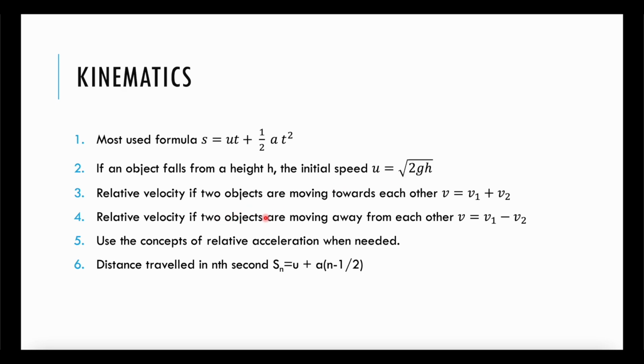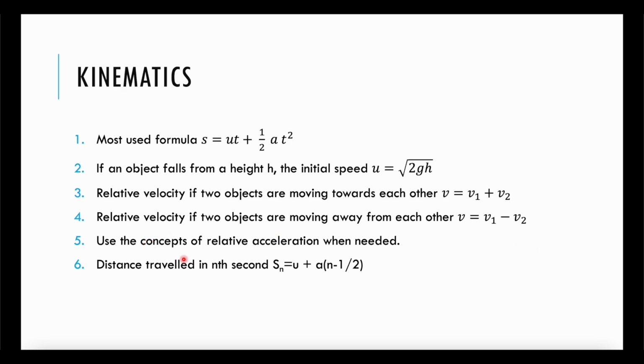Relative velocity: if two objects are moving towards each other, their velocities add, and if the objects are moving away from each other, their velocities differ. And in any other case, if the velocity vectors are not collinear, then you have to add or subtract the vectors in case of relative velocity using the triangular rule of vector addition.